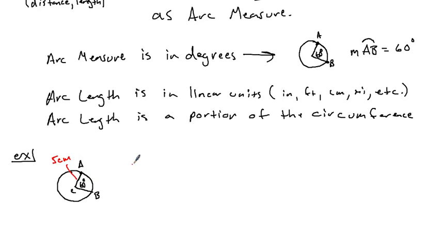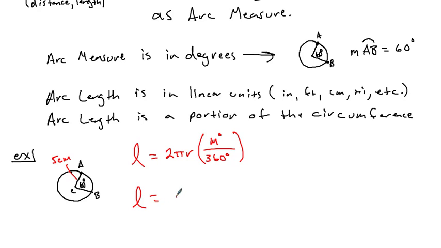So if we want to find the arc length, well, that is equal to the circumference, 2 pi r, times whatever the measure of the central angle is, divided by 360 degrees. So hopefully that looks familiar, and you say, oh, you're right, we have done this.